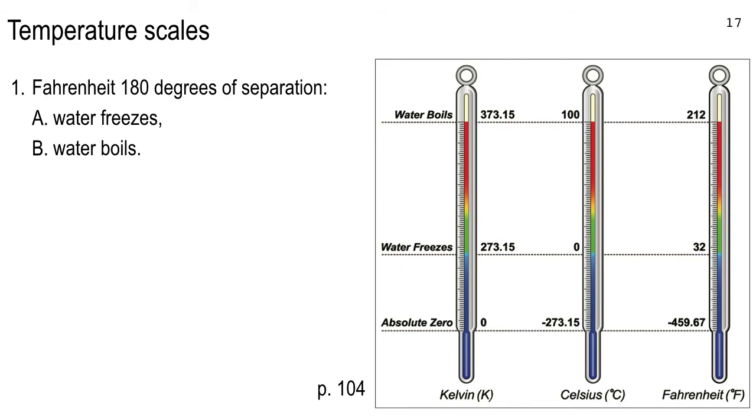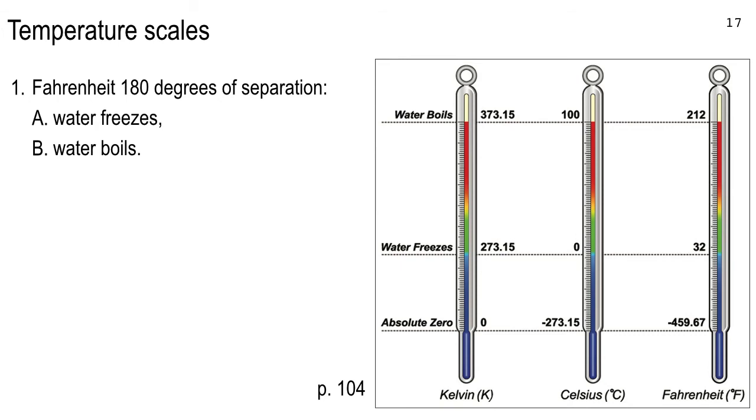Now everybody knows about that. And that's reflected in this diagram over here on the far right. 212 is the boiling point of water, and 32 right here is the freezing point of water, so 180 degrees of separation.